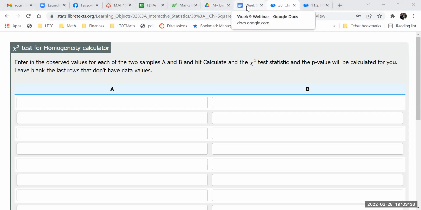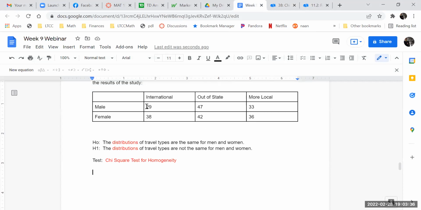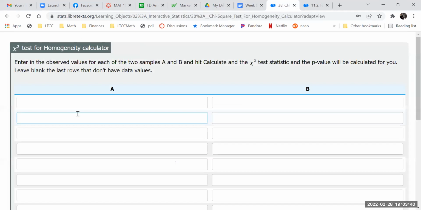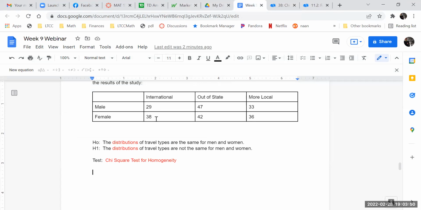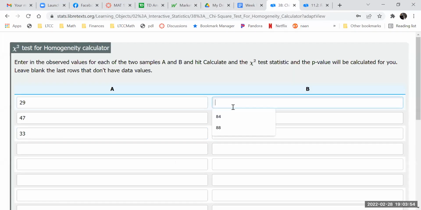So I'm going to put in my 29, 47, 33 for my A. And then I'm going to put in 38, 42, 36. Any questions on that?